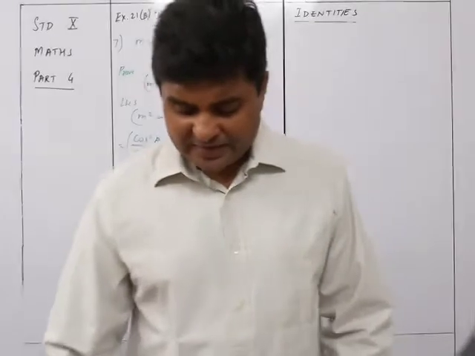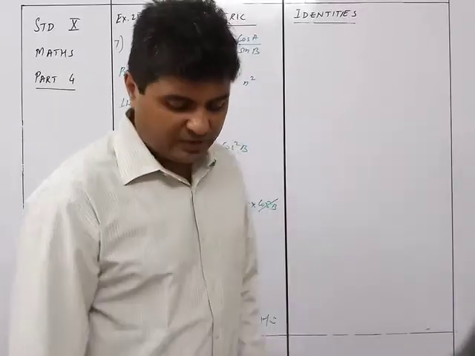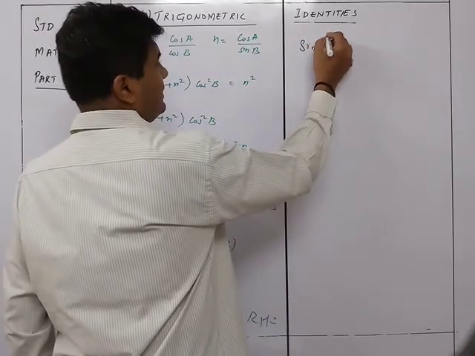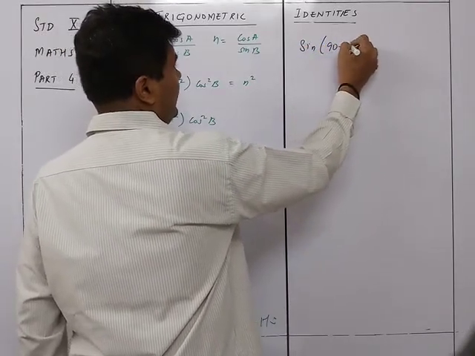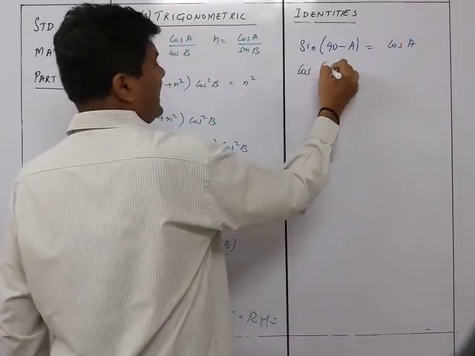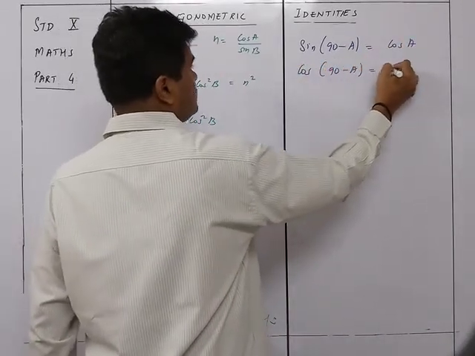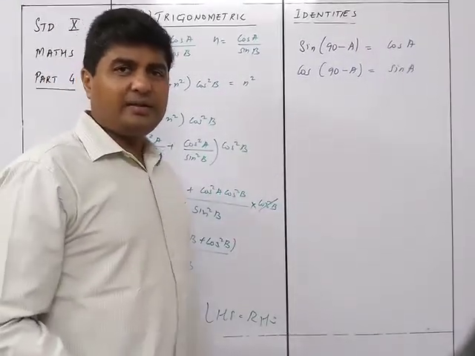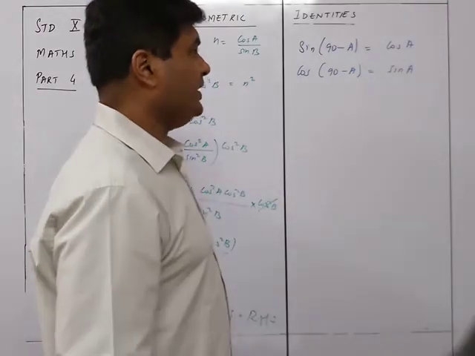Before we start exercise 21C, some important formulas based on it. The first one: sin 90 minus A is equal to cos A. Cos 90 minus A is equal to sin A. If you remember, we did this in the 9th standard in trigonometry.